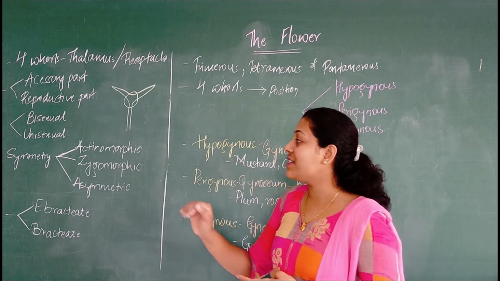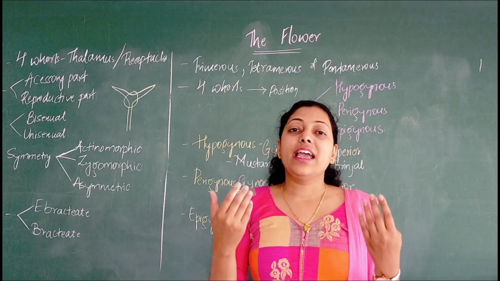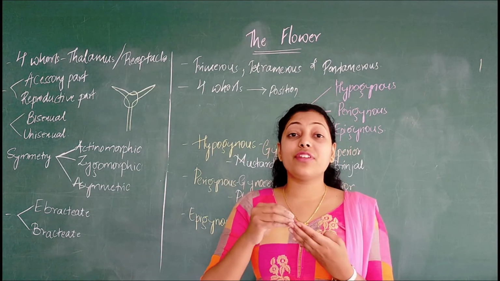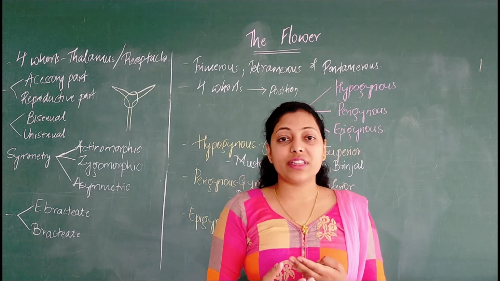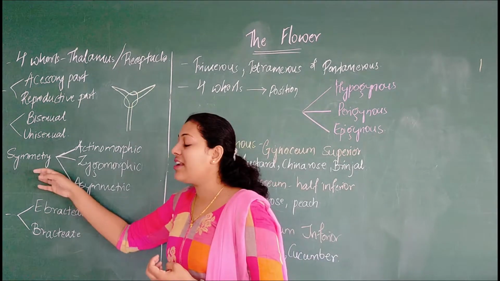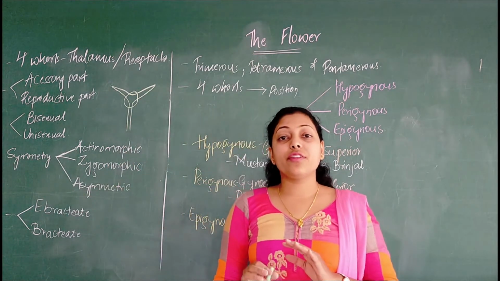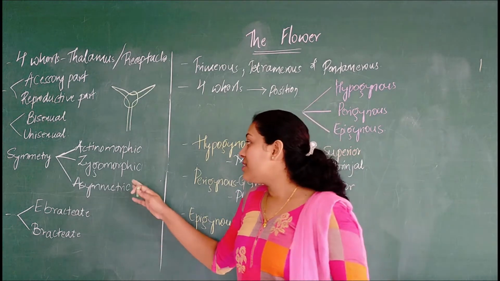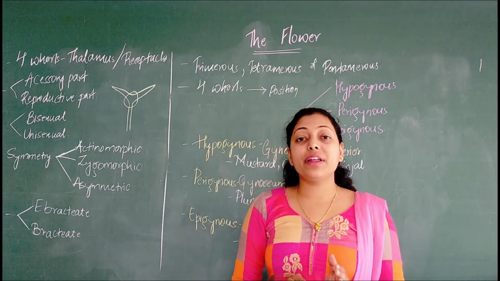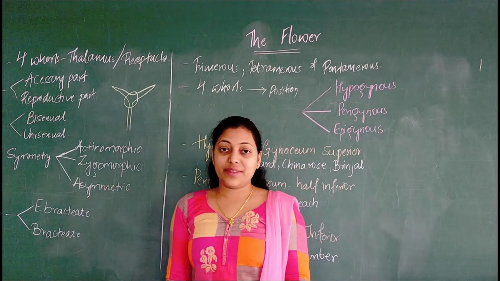In the case of unisexual flowers, we see inflorescence because the flowers are arranged together so that they can attract pollinators. And then on the basis of symmetry, we get actinomorphic, which is radial symmetry, zygomorphic, which is symmetry along only one plane, and then asymmetric.